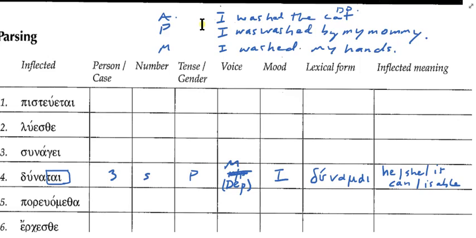So what about words like swimming or running, would those be middle as well? Yeah, not always. There are some motion verbs that are middle. So the future form of to go, I will go, it's actually a future middle that's used instead of a future active form. So it's eleusomai.